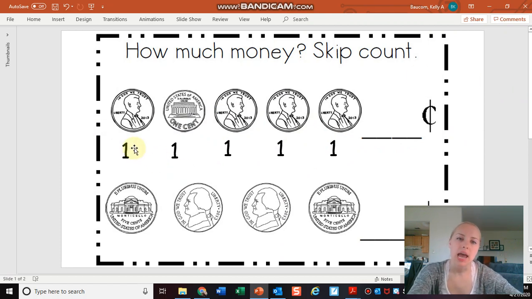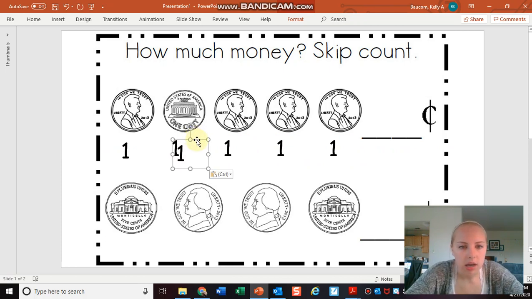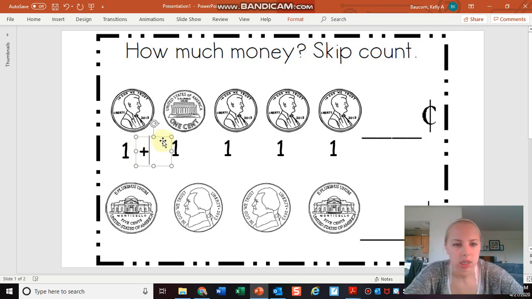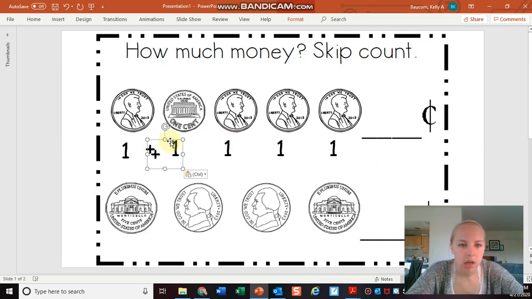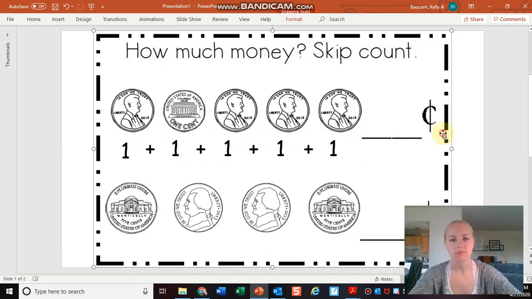Okay? Now, it essentially is kind of like doing this. If we want to put in an addition sign, it's kind of like saying 1 plus 1 plus 1 plus 1 plus 1.